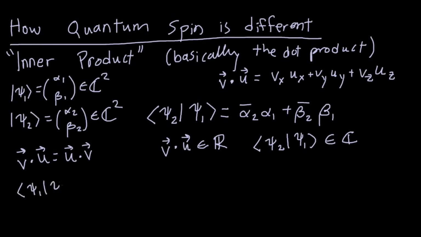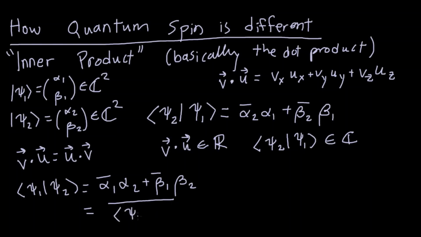If I write psi 1 on the left, the inner product is alpha 1 bar times alpha 2 plus beta 1 bar times beta 2, and that is equal to the complex conjugate of the inner product of psi 2 and psi 1.